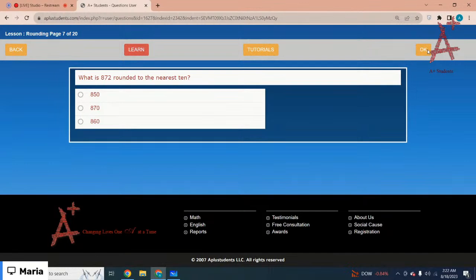What is 872 rounded to the nearest 10, which is the correct option? You can ask questions if you have any. Very good. You have to round to the nearest 10, not the nearest 100, right? So 872 is rounded off to 870.